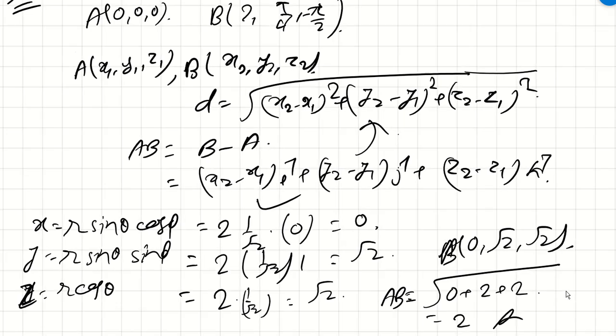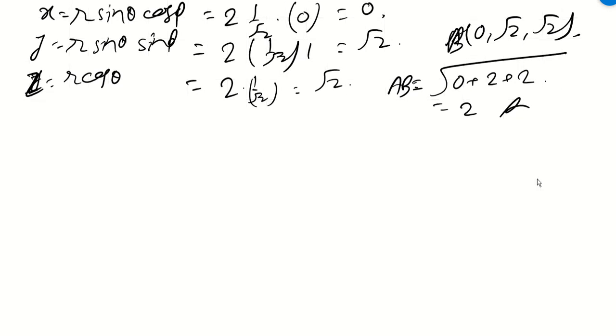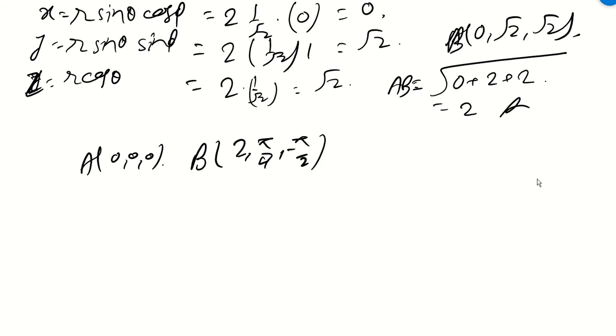One more thing in this, I will tell you a very important point. A was given as 0, 0, 0 and B was given as 2, pi by 4, minus pi by 2, right? So you see that this is the origin and this is the radius of the sphere.